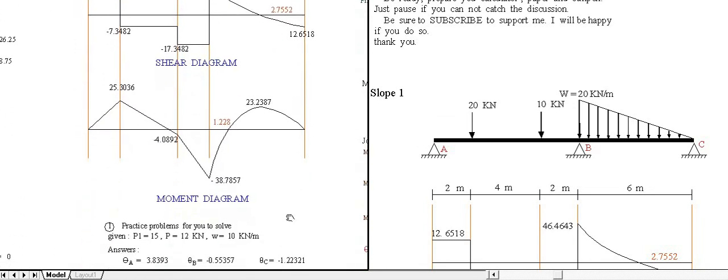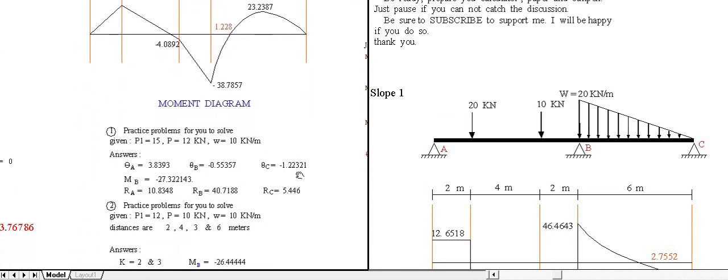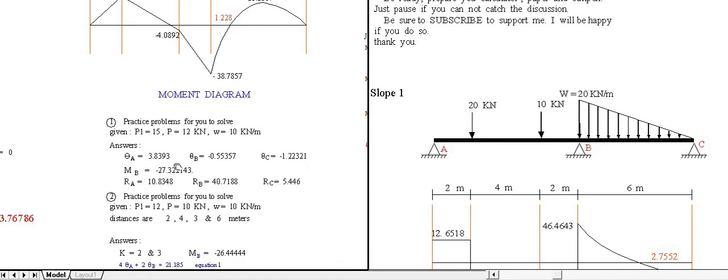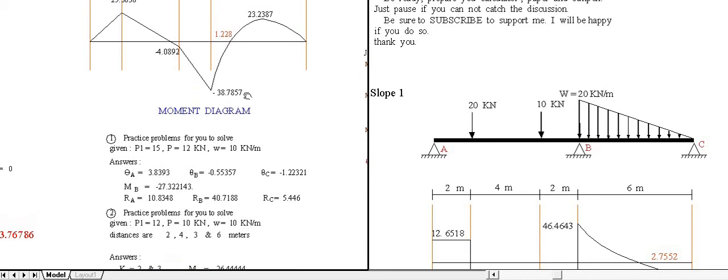Okay, then I will give to you a challenge to solve this problem. Change the first load concentrated of 15, another load of 12. Instead of 20, make it as 15. Instead of 10, make it 12. And W 10.